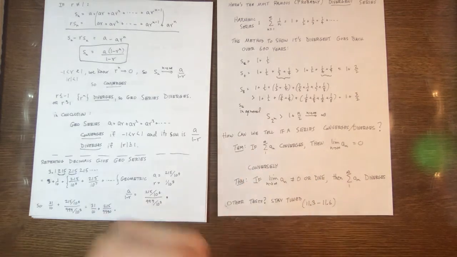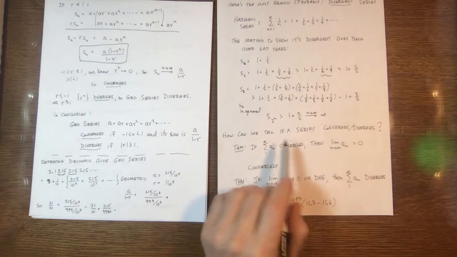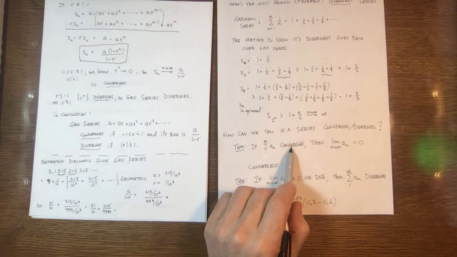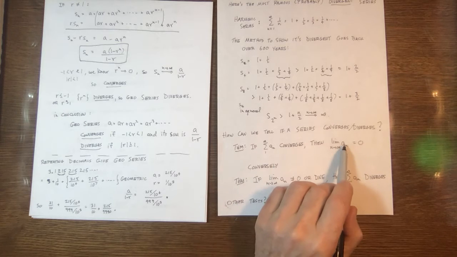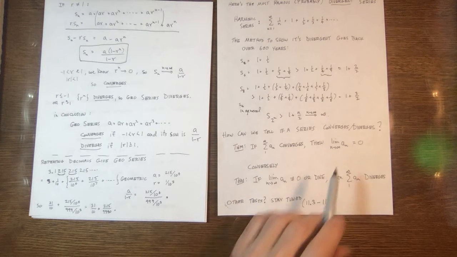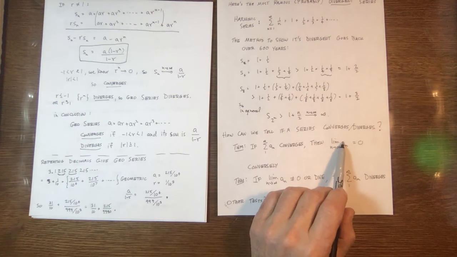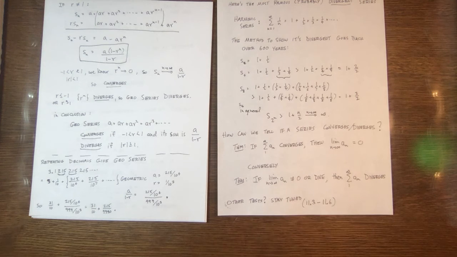Right? Because you're adding more and more and more terms. So if you want to have any hope of having it converge to some finite number, you need that you're adding smaller and smaller pieces as you go along. As n gets bigger and bigger, this number has to get smaller and smaller and go to 0 in the limit.